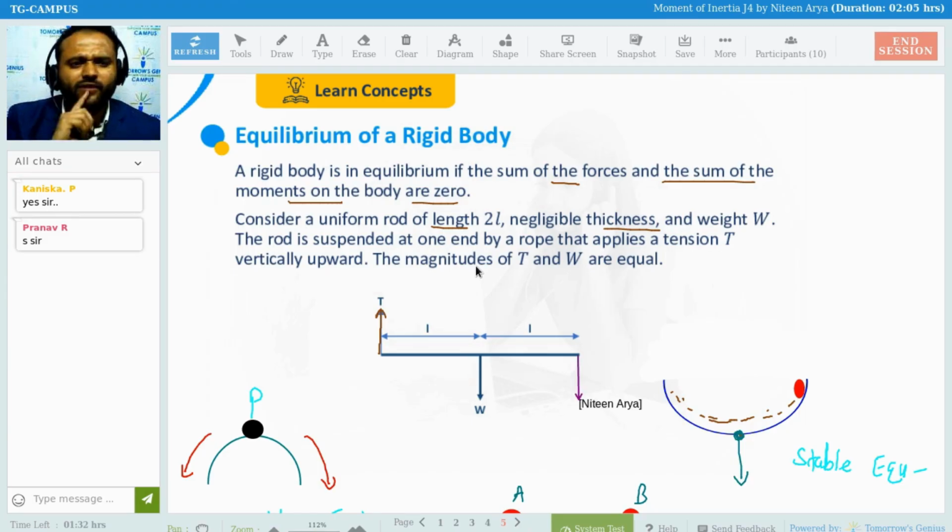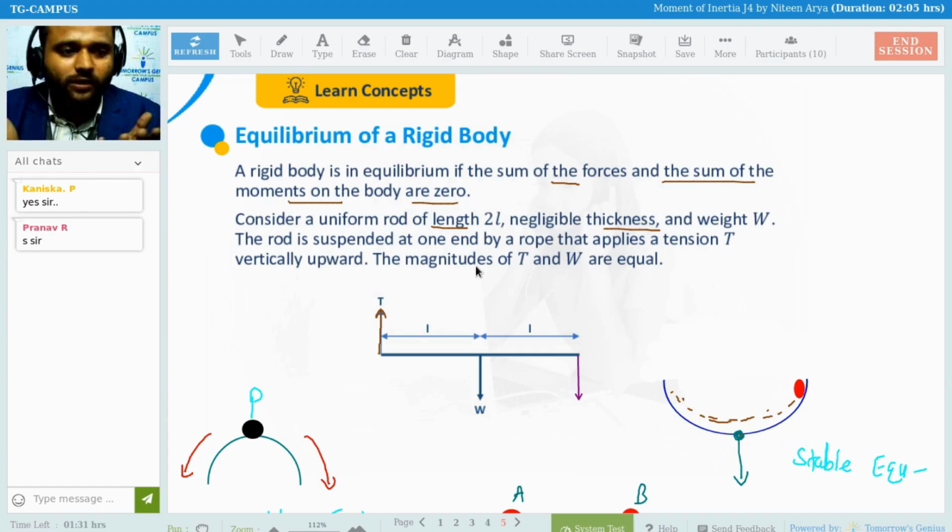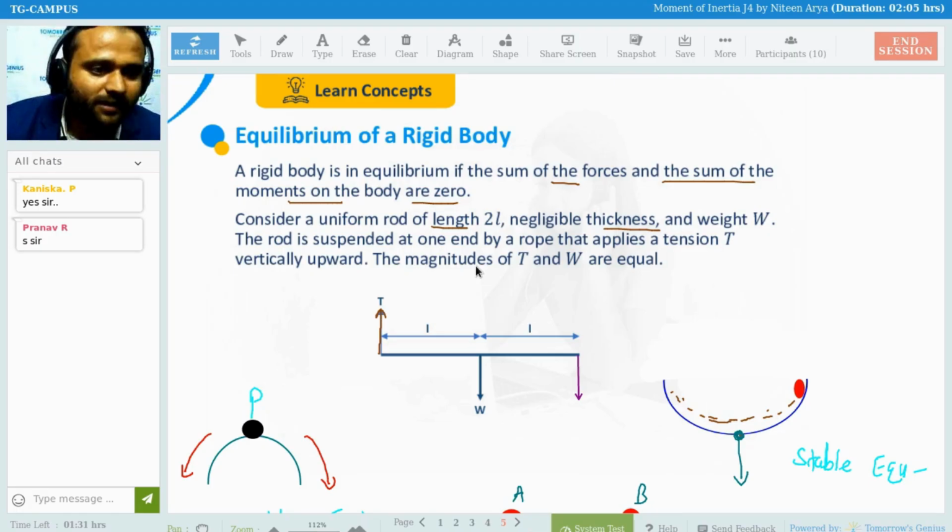Or, for example, one simple example you can correlate with your day-to-day life is the seesaw game. In a seesaw, if two persons of almost equal weight sit together, they balance each other. But if they are not of equal weight, the seesaw is going to go up and down.